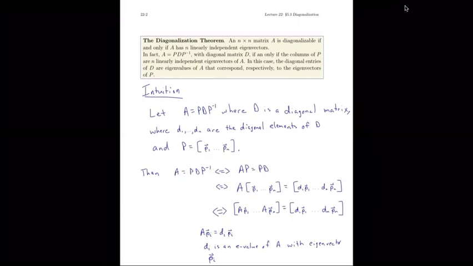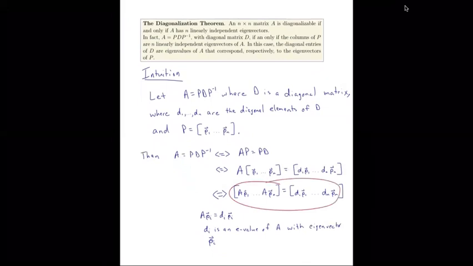So the algorithm for doing this should be pretty clear. The diagonal entries of D will be the eigenvalues of A, and we'll write them down in order to correspond with the eigenvectors for each eigenvalue in the matrix P. This decomposition suggests that, right? If we're talking about the eigenvalue D1 for A, then it's going to have eigenvector P1, and we should form the matrix P by putting that eigenvector in the first column so that it corresponds with the first diagonal entry.